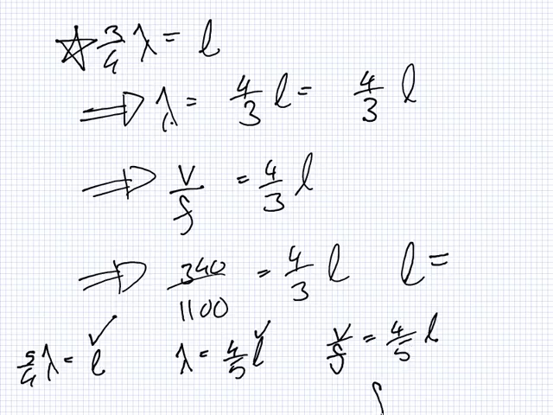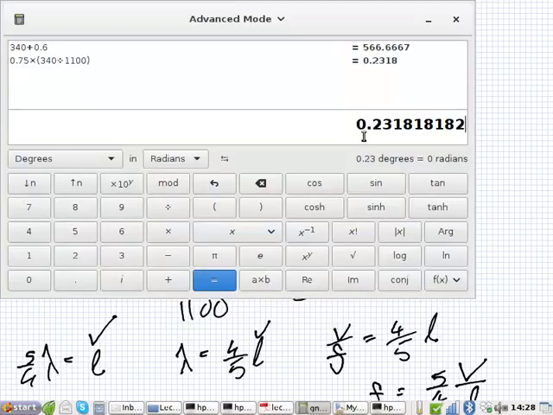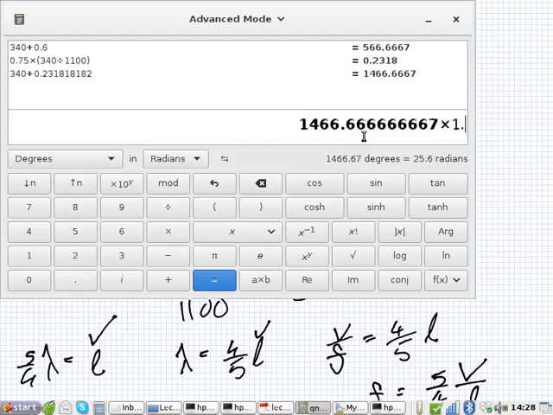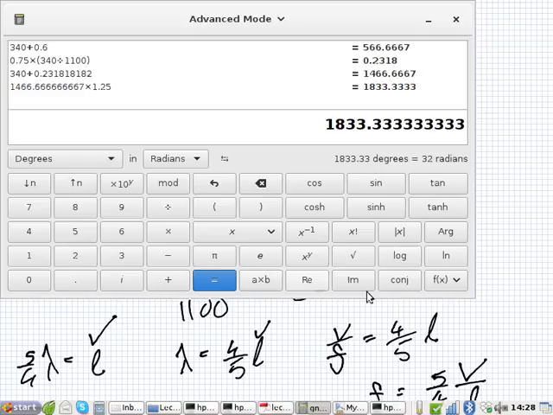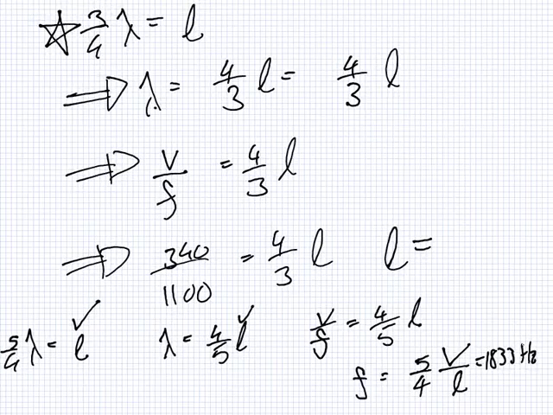So F is equal to 5 quarters the speed of sound over the length of the pipe, if I rearrange this. So if I just take this answer here, and I have 340 divided by this answer, multiplied by 5/4, 1833 hertz is the frequency of the fifth harmonic. This one's a bit trickier now. A bit trickier, for sure.